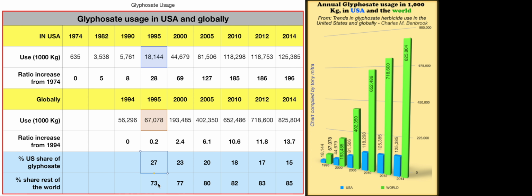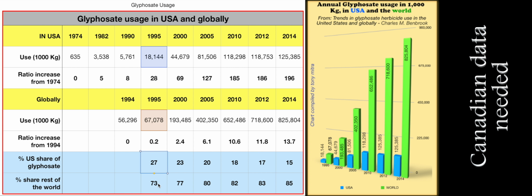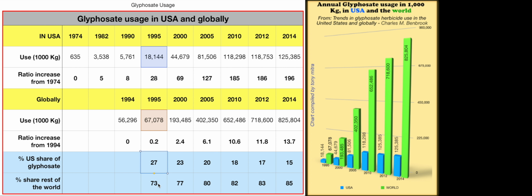So even in 1995, there was a lot more glyphosate being sold and used outside of the US, although US is using so much more already. And probably one of the highest concentrations of glyphosate can be found in USA, barring Canada. I suspect Canada matches it. That's why I sorely need the Canadian figures, and I haven't gotten them yet. Again, if somebody can help, much appreciated.